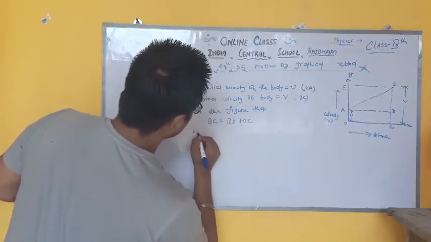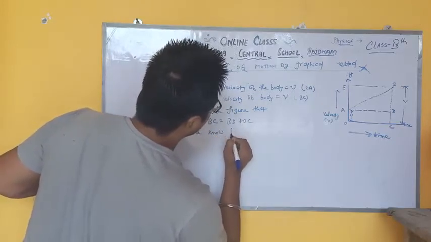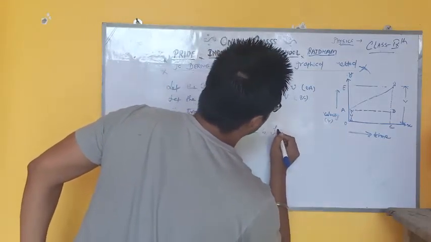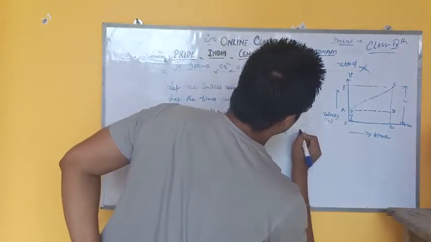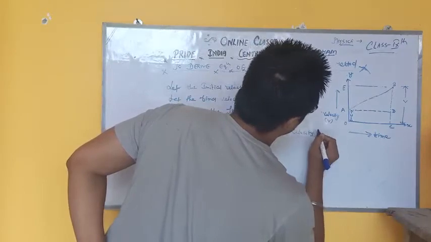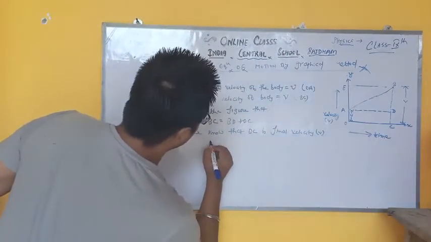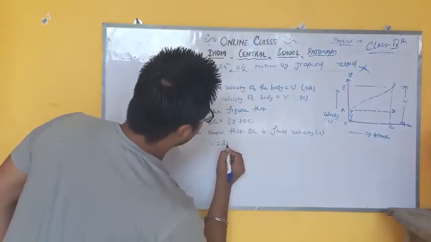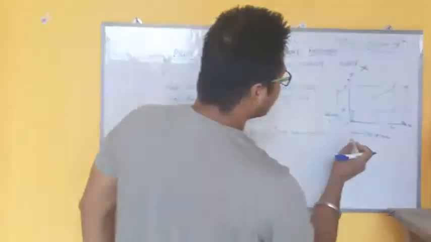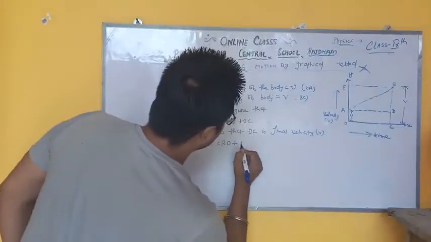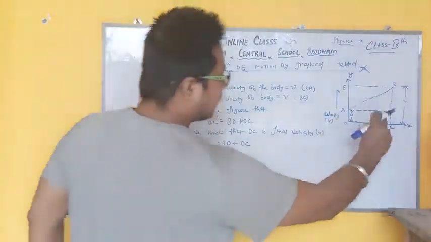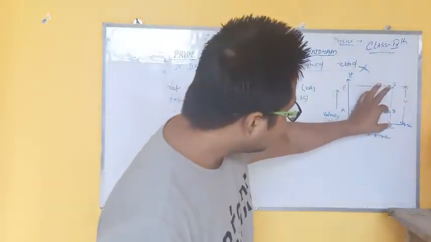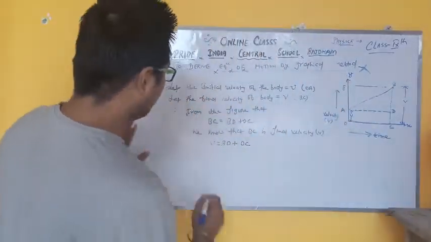We know that BC is the final velocity, which is v. So I'll put here v is equal to BD plus DC. What is DC? As you can see in the figure, DC is equal to OA.